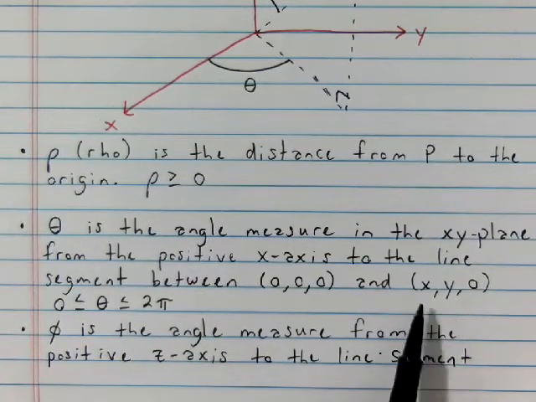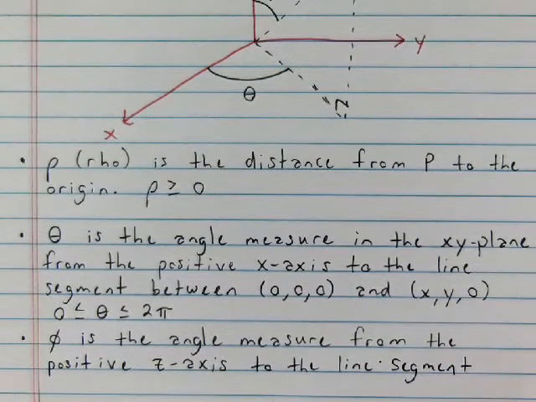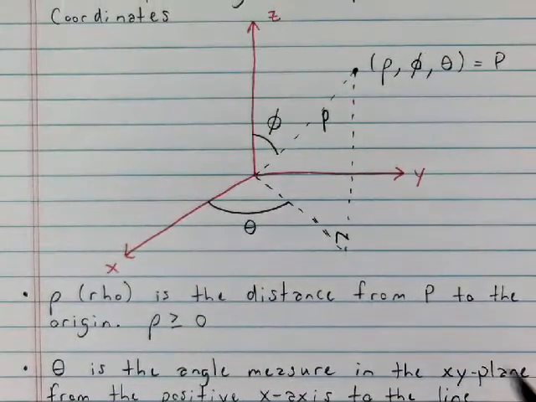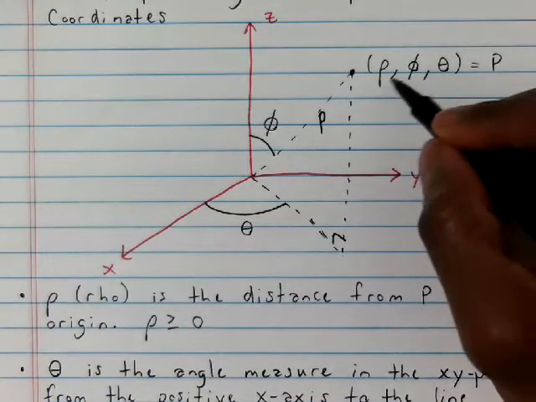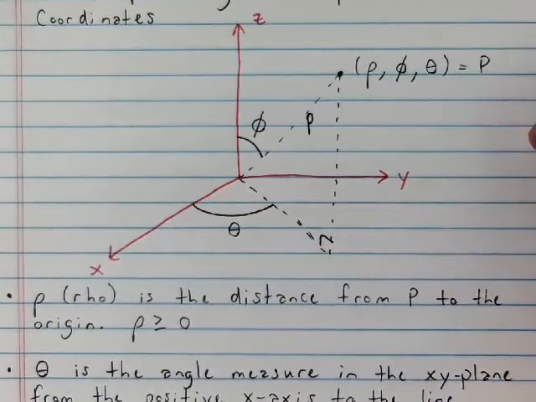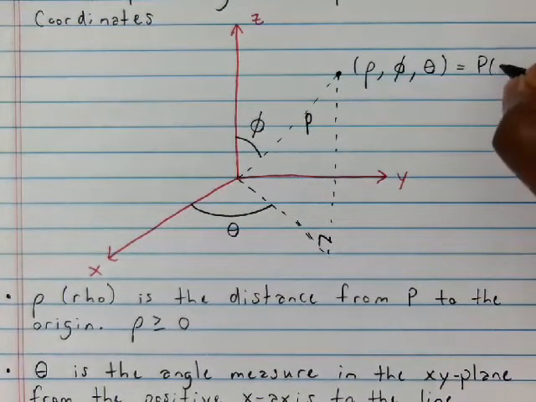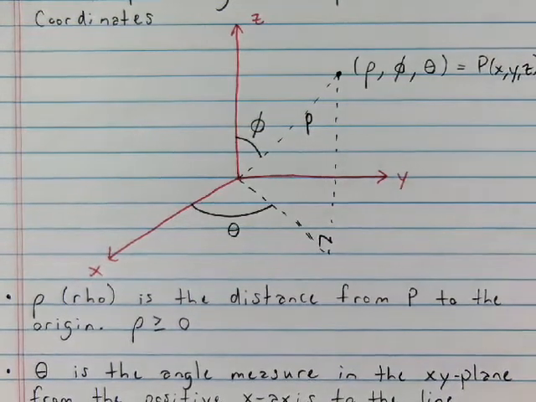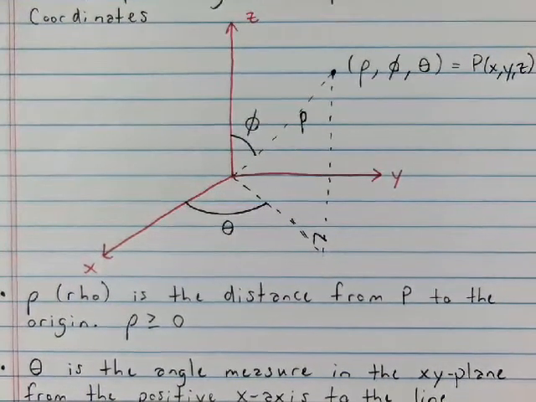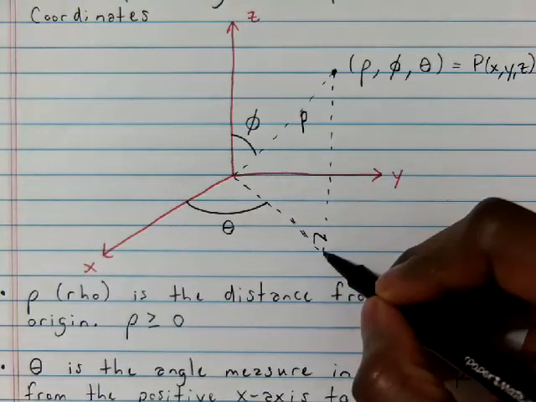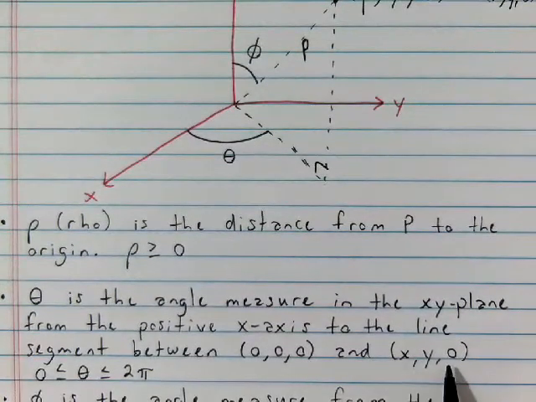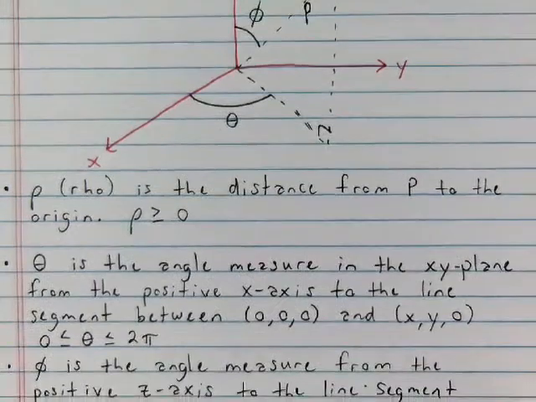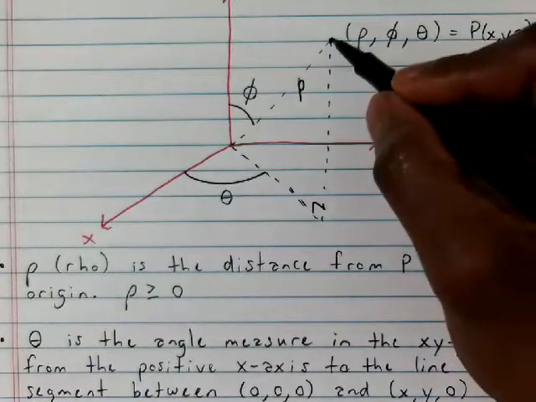And actually, because I'm using this x, y, 0, let's go ahead and write our point in rectangular coordinates as well. So go back up to your picture. For your P, we're writing it both in spherical coordinates and, because I'm using these x, y's and z's in our explanation, also in rectangular coordinates. It would be the point x, y, z. So that's what makes this point x, y, 0, which is what I used right there. And I'm going to use x, y, z in our explanation of phi. And x, y, z is the same as our point rho, phi, theta.